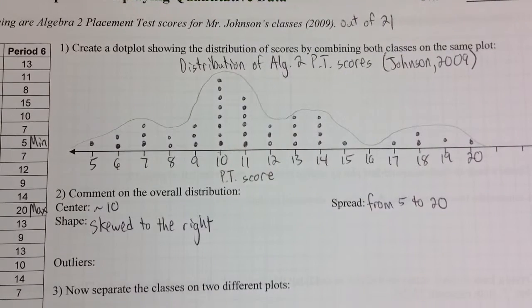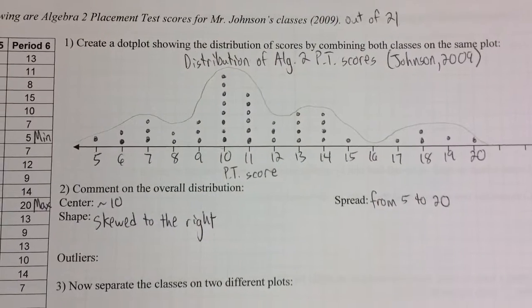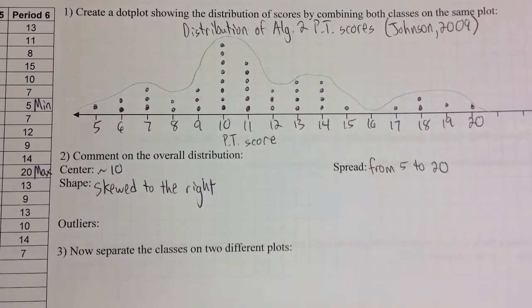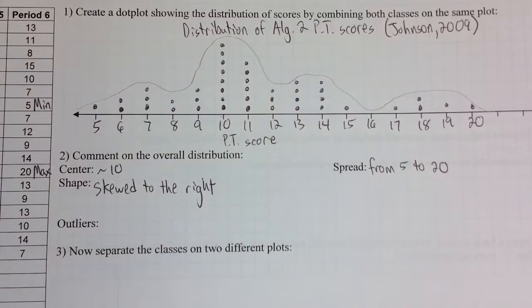Kevin, what's the other thing we talk about in shape other than skew or symmetry? Yes. So tell me about peaks here. There's like a small peak at 7 and 18. Yeah, maybe even 18. So our primary mode here is easy to distinguish. It's 10.